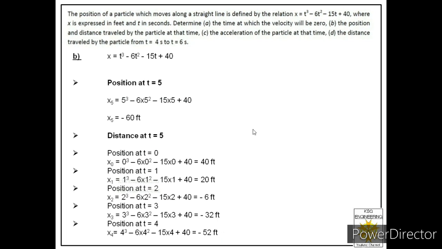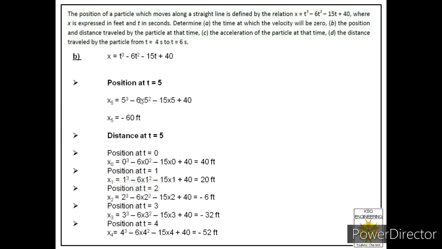Now we have to find the distance traveled by the particle at what time? At t equal to 5 seconds. It means we need the value of x5 also, the position of the particle at time equal to 5 seconds. That we have already calculated in the first part of B part.